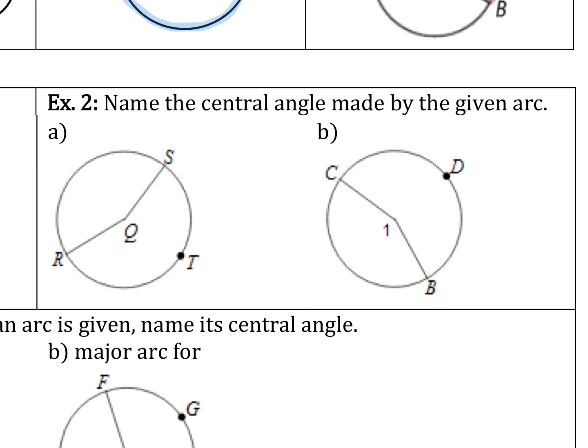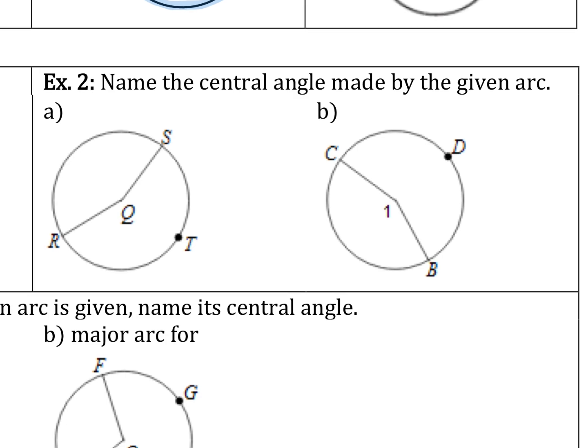Name the central angle this time. Let's look at the central angle made by the given arc. Here the arc is RS. If we look at this part, that's arc RS. The central angle that has been made is this angle, which is angle RQS.